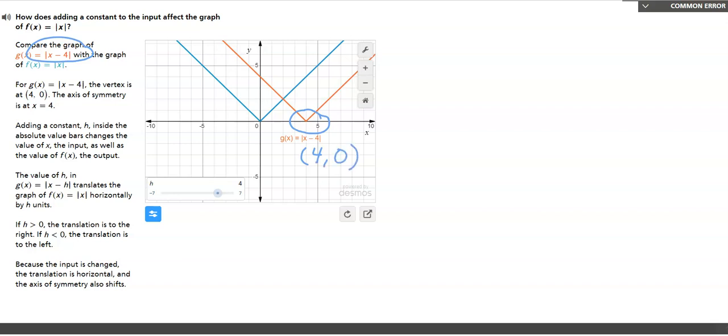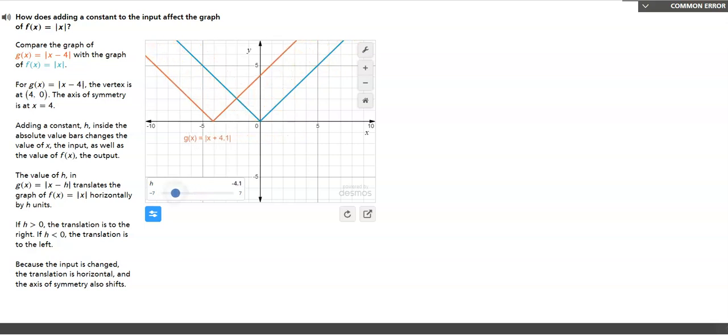That's weird. So let's see what happens if I move my slider to say x +4. What do you think's going to happen? And undo the pen. Undo the pen. Okay. Can't see my drawings now. So if I go x +4, you get the idea. It's not exact. You get the idea.